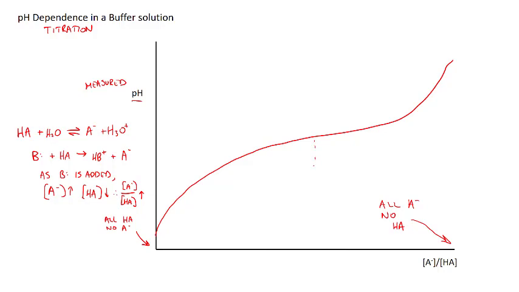What you would notice is this. The inflection point here, so the flattest part, occurs at the point at which A minus over HA is equal to 1. So in other words, we have equal amounts of conjugate acid and conjugate base.